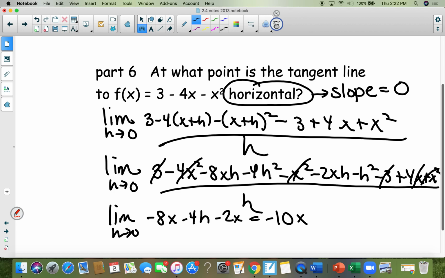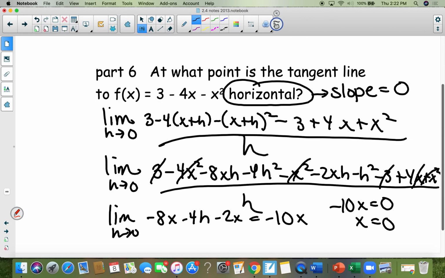Which would be at exactly 0, right? I'm just making sure I get that right. Yeah, it would be at 0, because h turns into 0 and then x turns into 0.